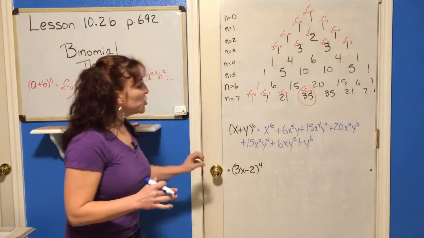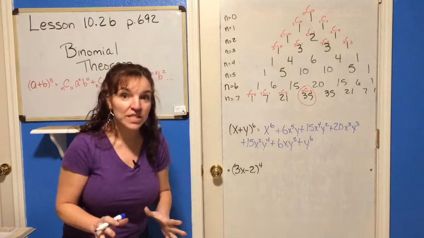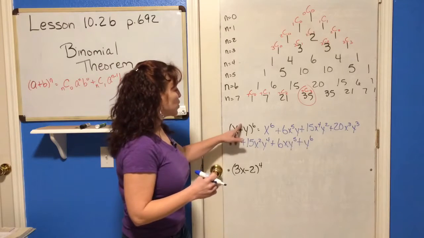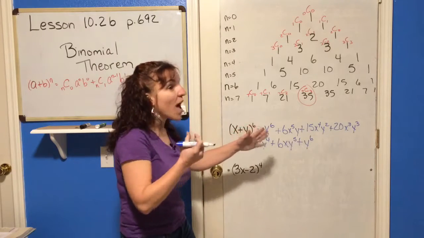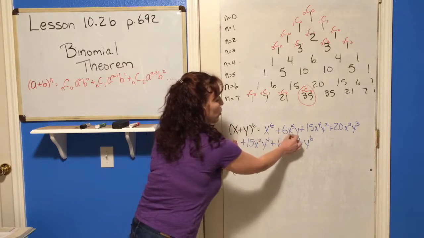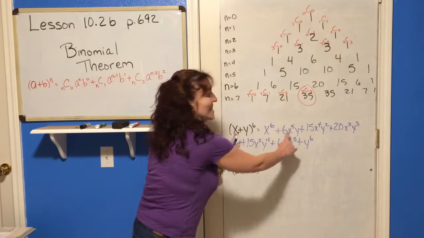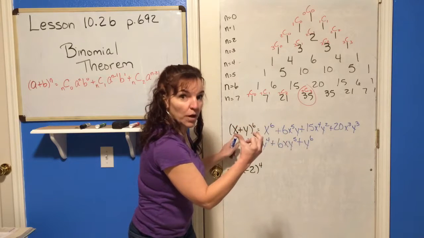Now, what you're going to do, you've got to be careful. This was easy because the x and the y were just by themselves. Make sure that if the x is squared, or if you have 2 times a y, when you take this part to the 5th power, that whole thing that's in there is taken to that power, okay?